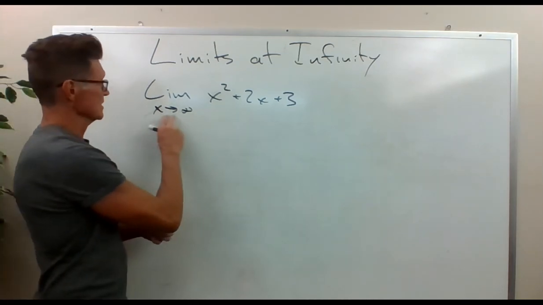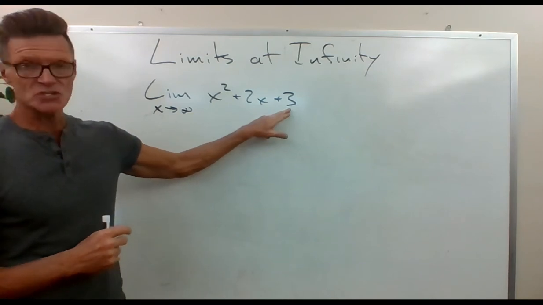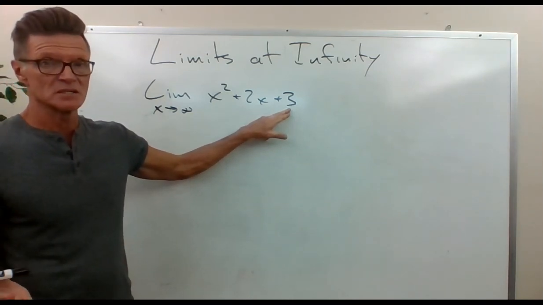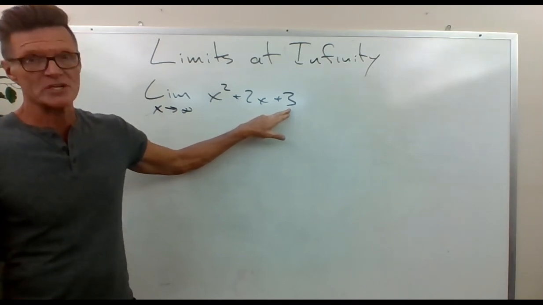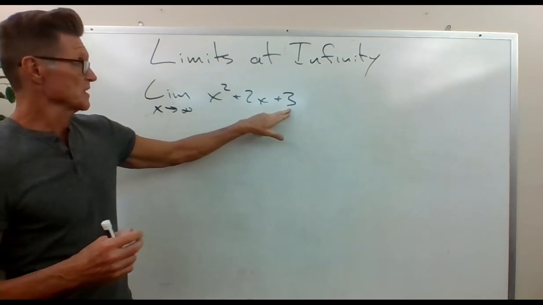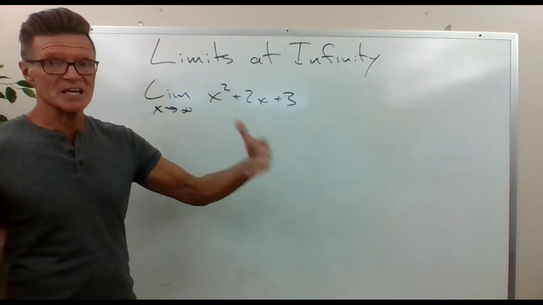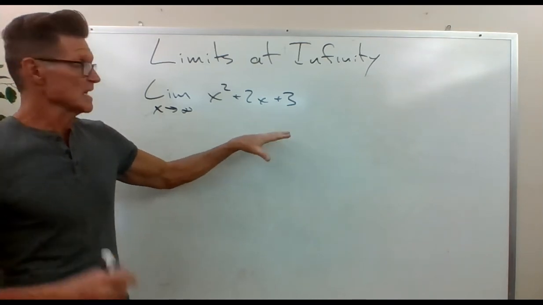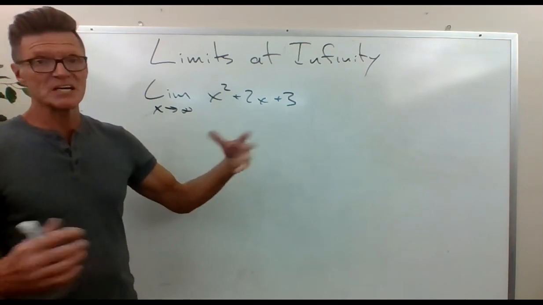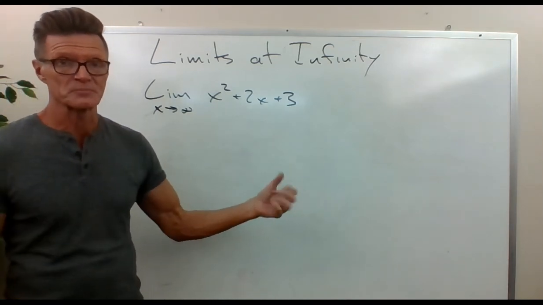So as x gets infinitely large, this term 3 is just a constant. It stays 3. No matter how big x is getting, 3 is always 3. So it doesn't affect the outcome much, because infinity plus 3 is still infinity.